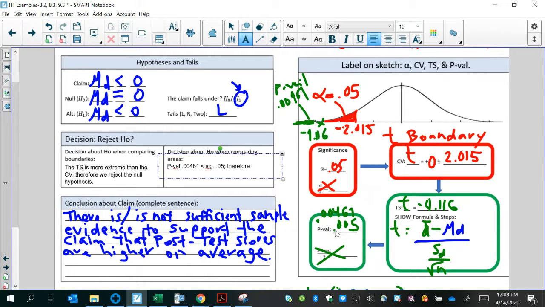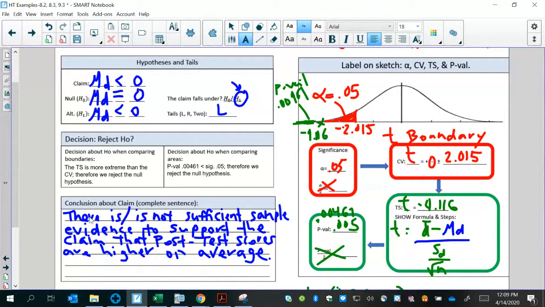Therefore, we reject the null hypothesis. And that's the conclusion or the decision we should make both times if we've done everything right. Both when comparing boundaries and when comparing areas, they have to give you the same conclusion.